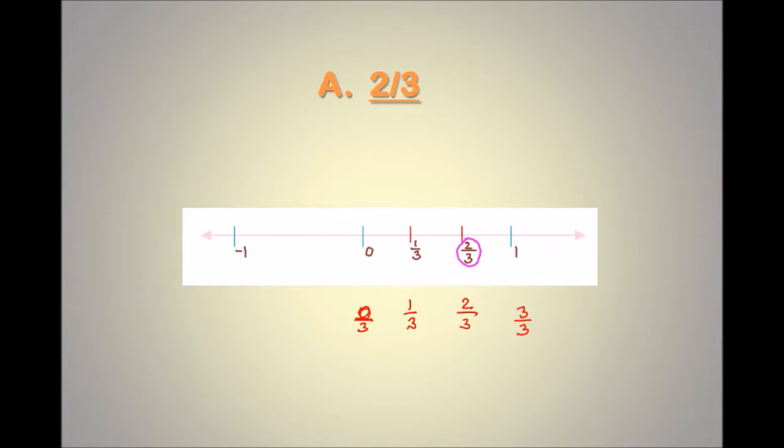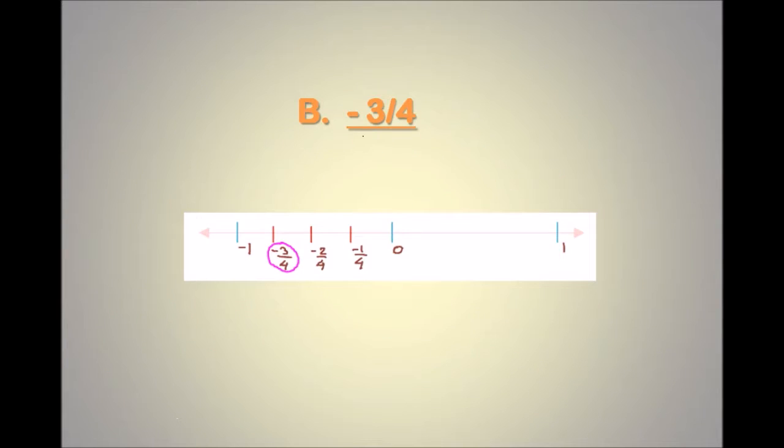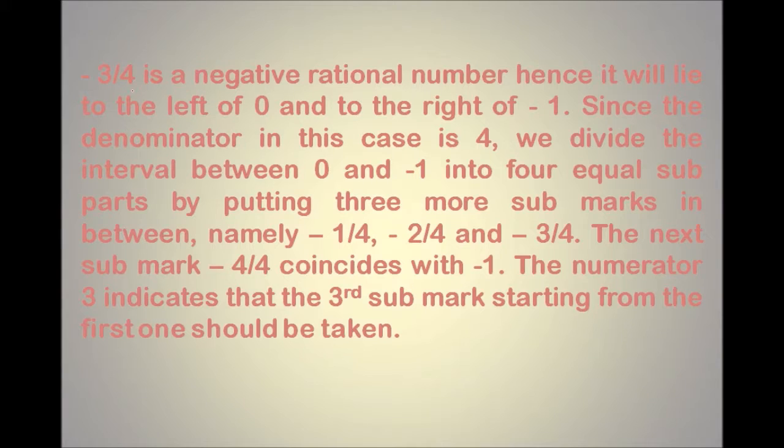Next, let us take up a negative rational number of the type which falls in case 1, because the numerator is less than the denominator. So we have to plot minus 3 by 4 on the number line, and let us first of all move to the text part.